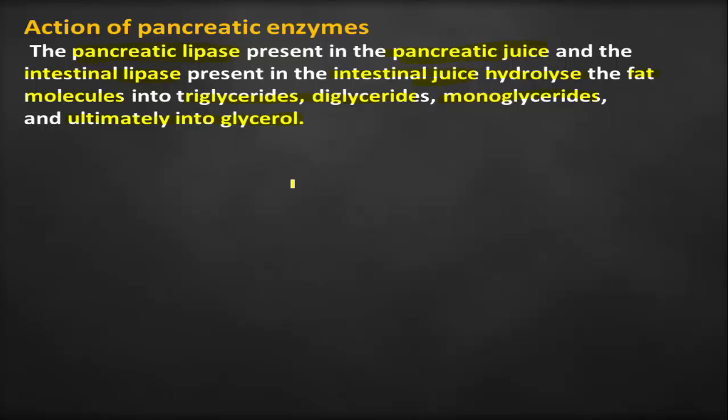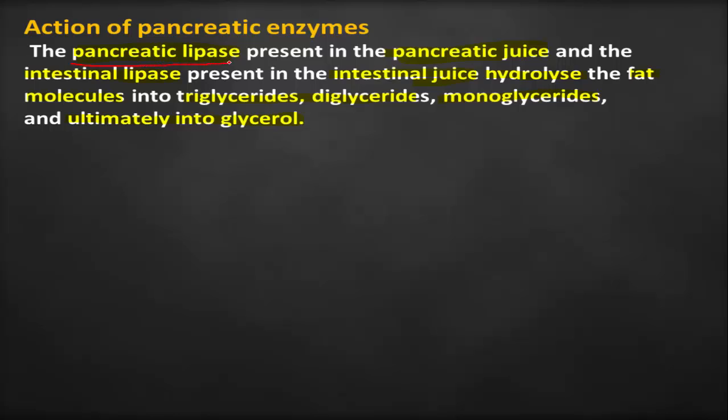See, in carbohydrates we have polysaccharides, disaccharides and monosaccharides; likewise in the lipid molecule, triglycerides, diglycerides and monoglycerides. Final action is carried out by two important enzymes: one is pancreatic lipase and another is intestinal lipase.